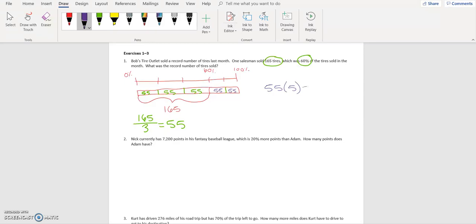But I want to know for the entire thing. And so 55 times 5 gives me 275. So 275 tires sold that month.